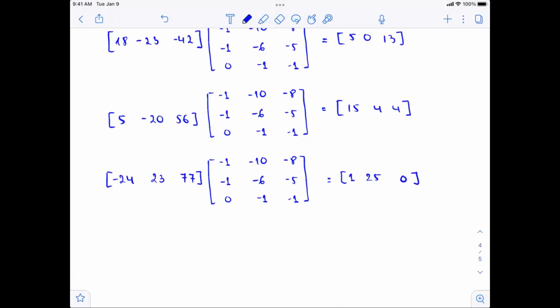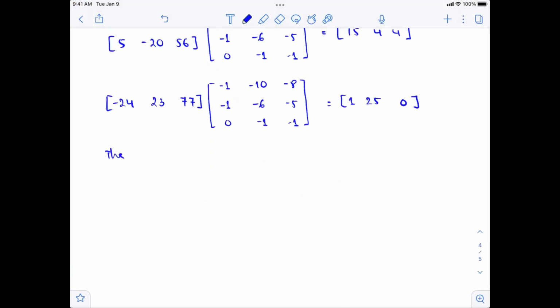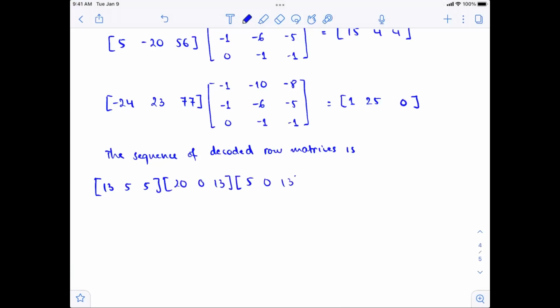Right. And from here, you say that the sequence of decoded row matrices is 13, 5, 5, 20, 0, 13, 5, 0, 13, 15, 14, 4, and 125, 0.